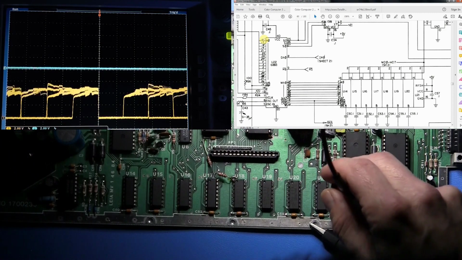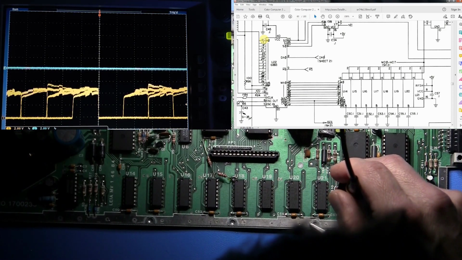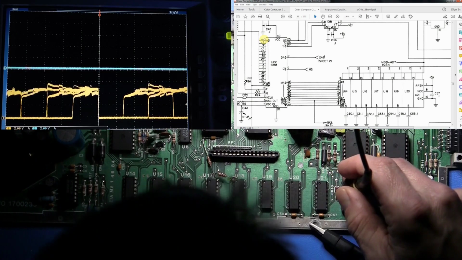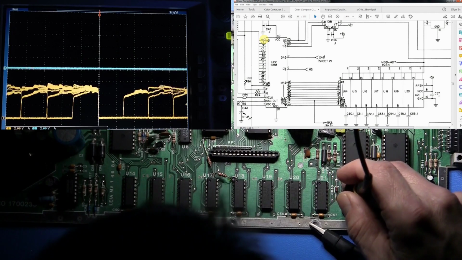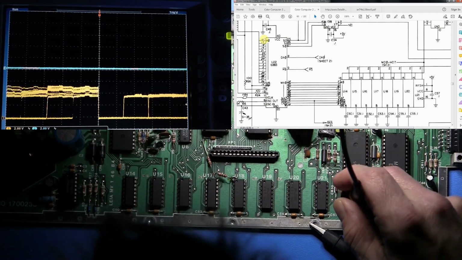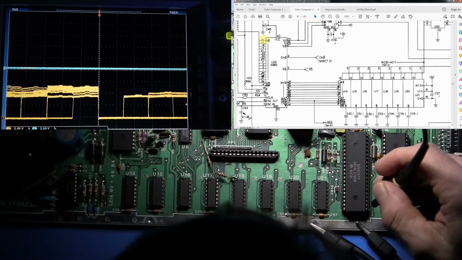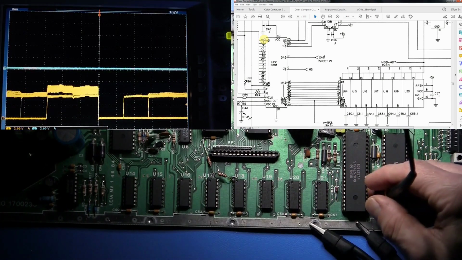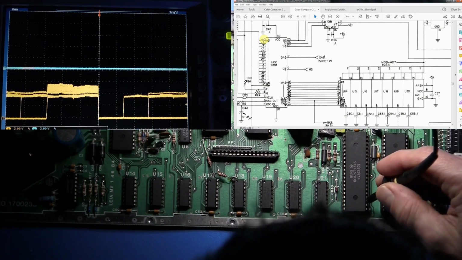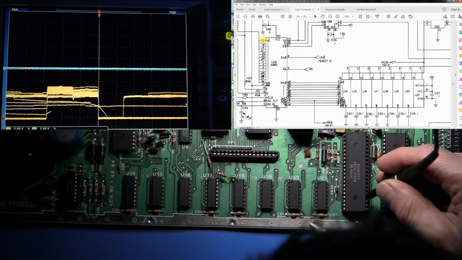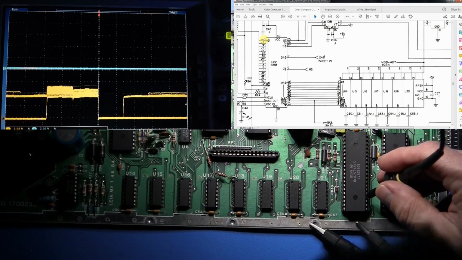Just make sure we have address being received at this part. Pin 17, 18, 19. Looking good so far. 20, 21. Looking good. 22, 23, 24. We're getting address signals, no problem.